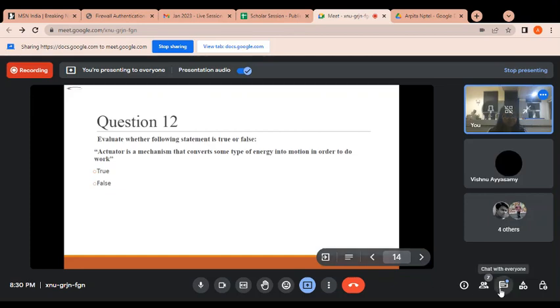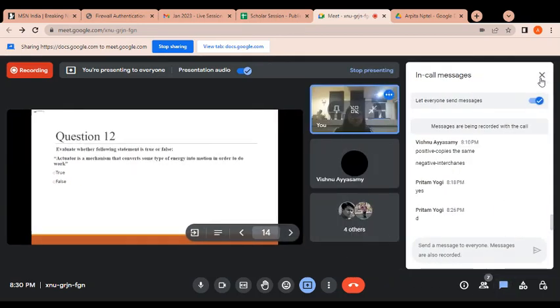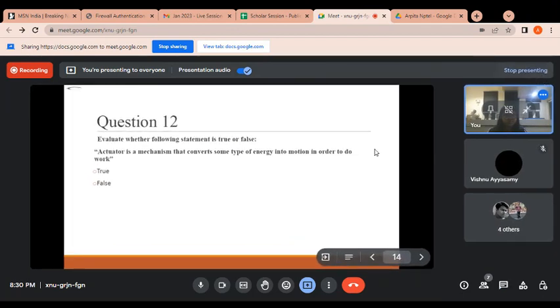True or false? Please unmute yourself and try to solve this question. Yes, ma'am. Option A. Okay. Anyone else? Bhagwani Shankar, what is the right answer? Ma'am, option A. Can you please explain why?